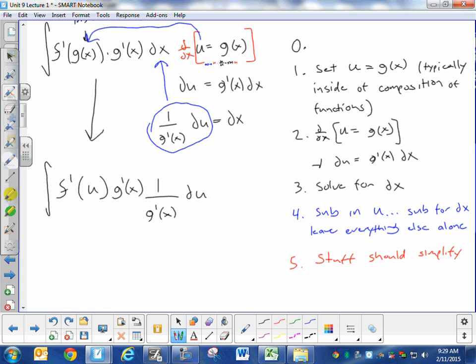It should simplify to a, I'll put in quotes, a simpler equation. Not equation, I keep saying equation. Simpler function or antiderivative, with just u's.